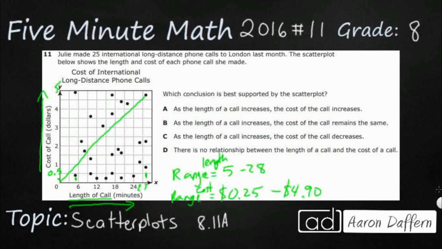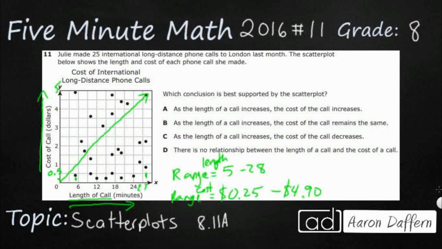Kind of looks like this, right? It would be pretty straight. It might end up curving if there's like a cap or something, but if it's just a per minute rate, it would look like a straight line starting from the origin and moving up to the right, like positive slope. That is definitely not what we see. These dots are all over the place. So I'm not thinking it's A.